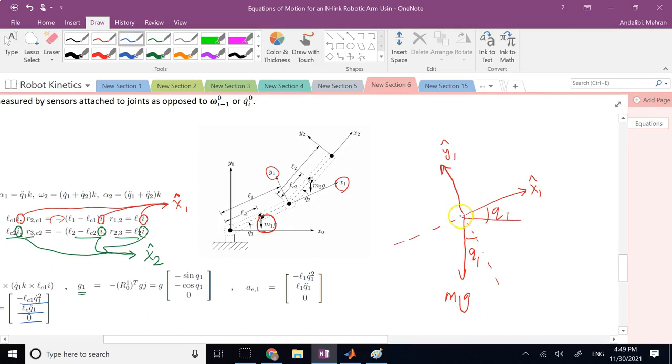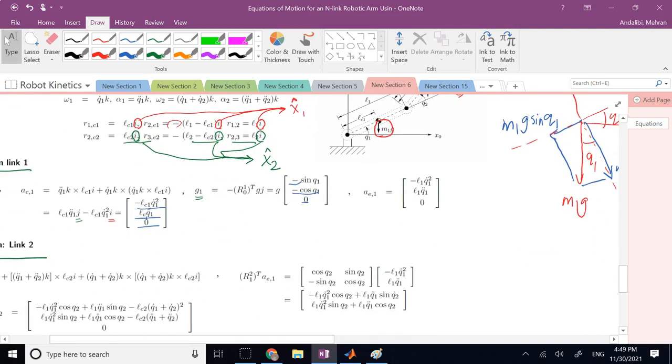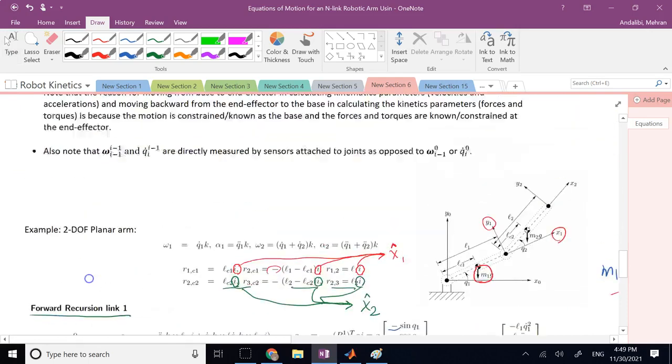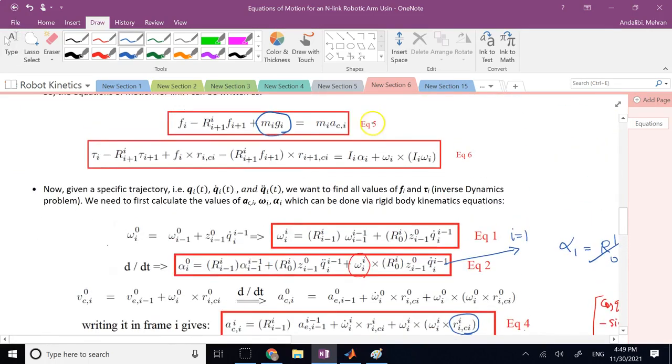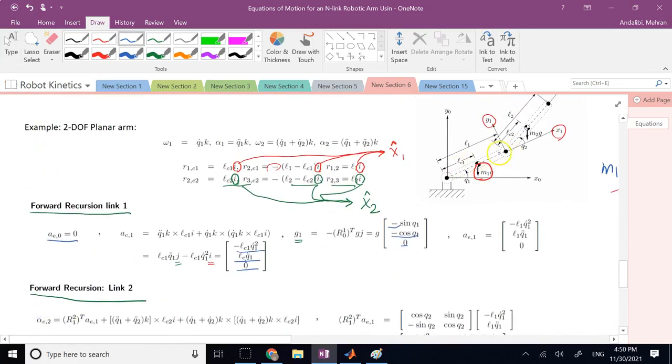And so definitely the components are going to be m1g cosine of Q1 and m1g sine of Q1, and they're both negative, so that's why you see these components, and there is no z component. So that's A of C1, which we definitely need in equation 5.